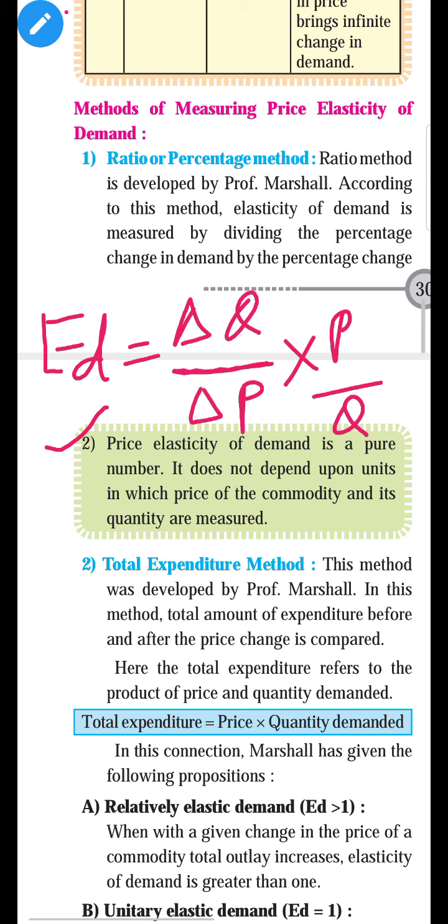And when the price increases from 10 rupees to 15 rupees, the price changes by 50%. That's why it is called the percentage method.